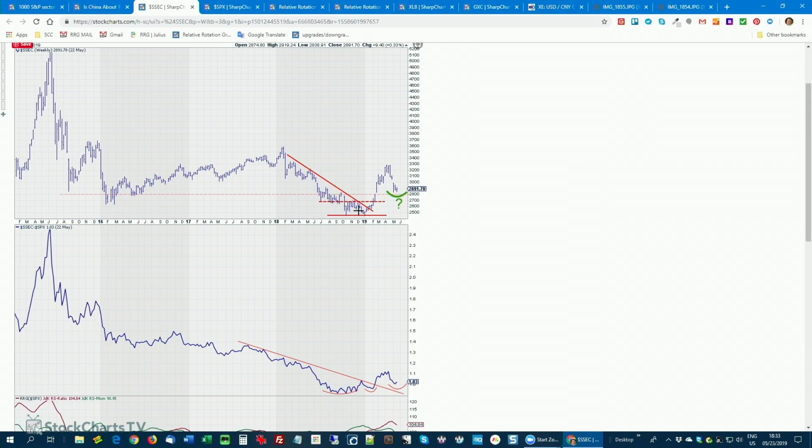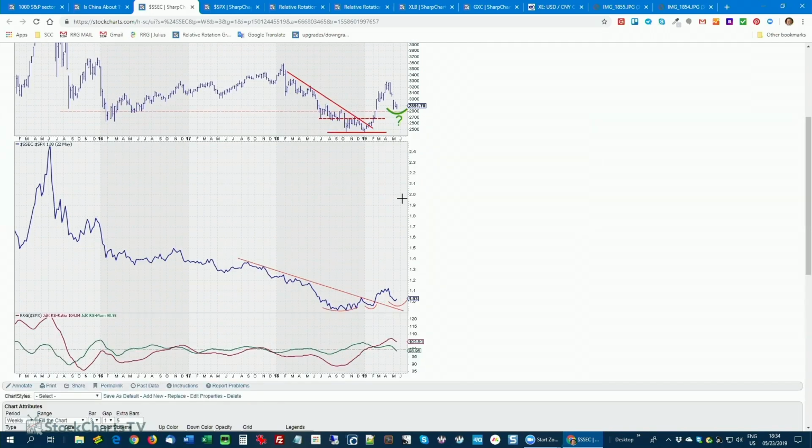So with this move coming out of that downtrend, this is pretty much the first serious corrective move of this rally at this 50% retracement level and these two support levels. So I'd like to see this as some sort of a buying opportunity and a buying level in that 2,800 area.